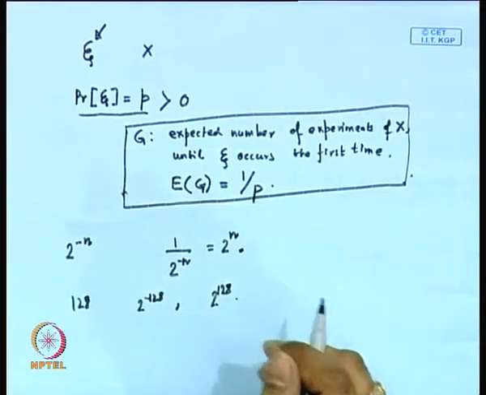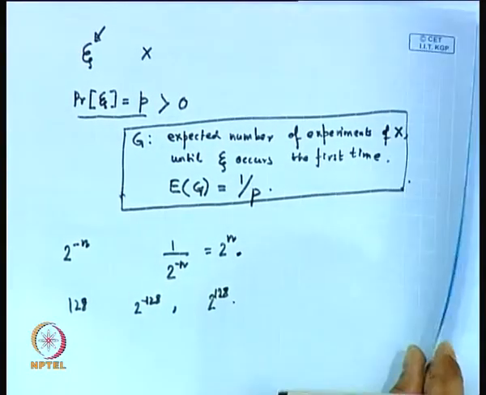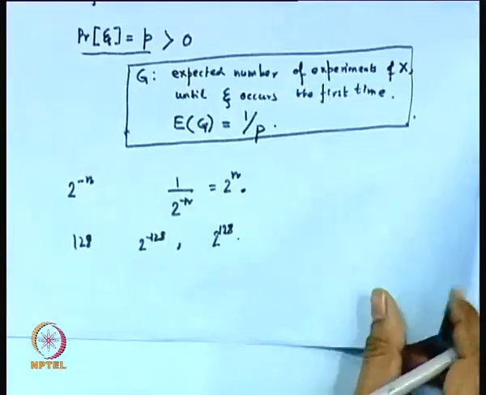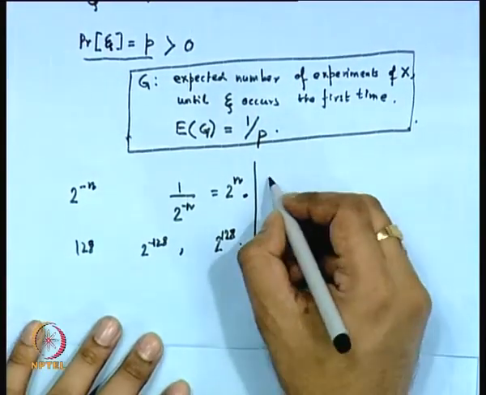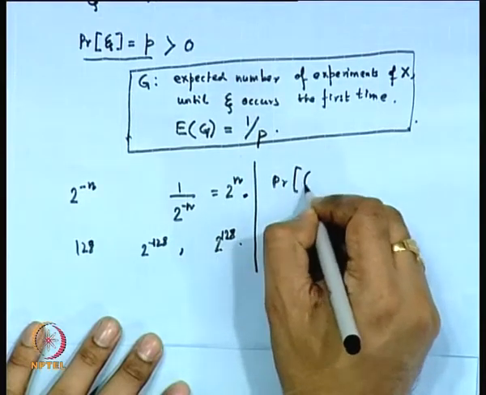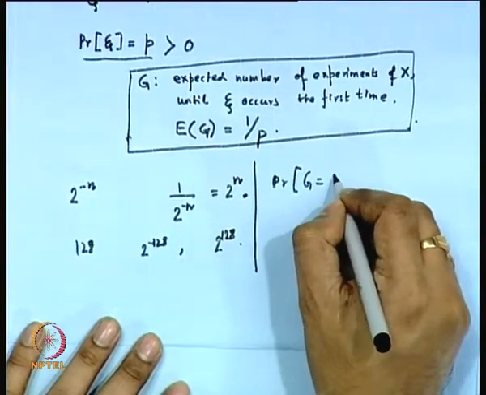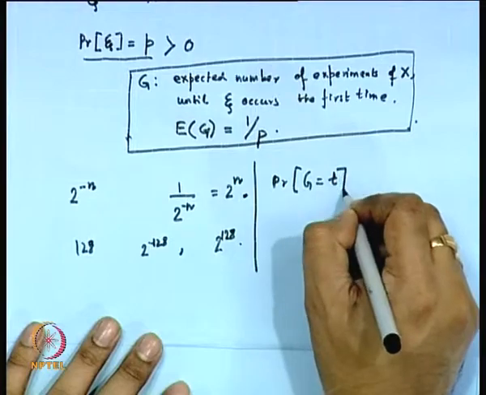The proof of this is quite simple and follows from the notions of the binomial distribution. You find the probability that G is equal to t.